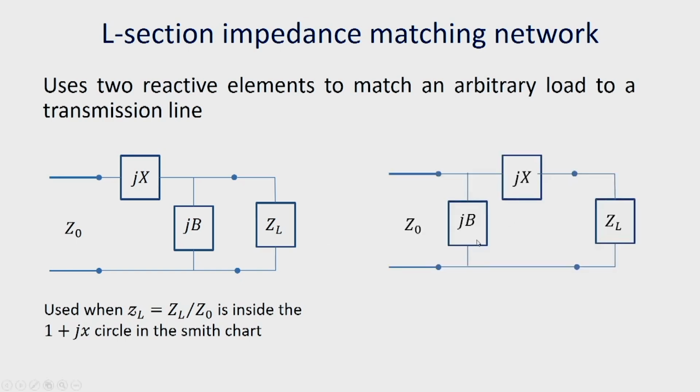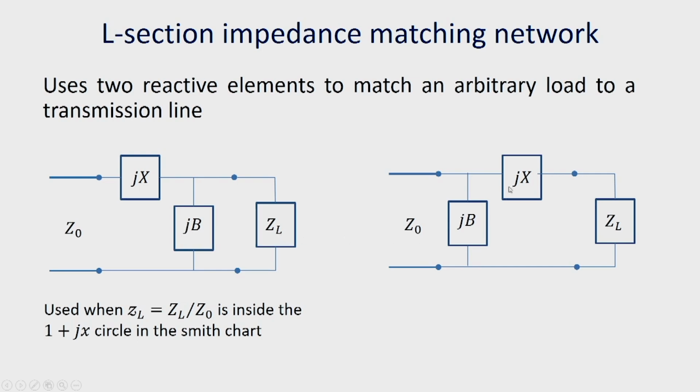This is another form of impedance matching network using L sections. Here also we have a series and a shunt element, but you can see that the shunt element jB is connected first and then it is followed by the series element jX in series with ZL. In the earlier network, jB is in parallel with ZL.